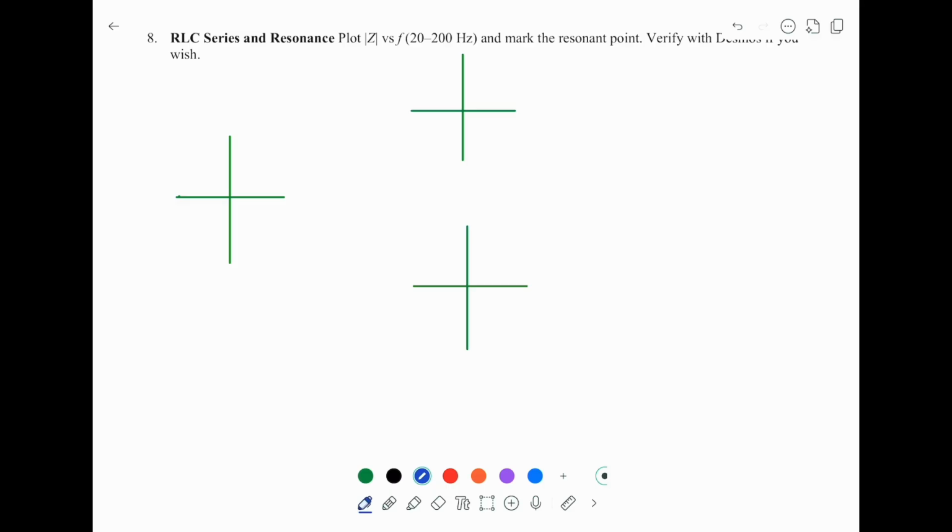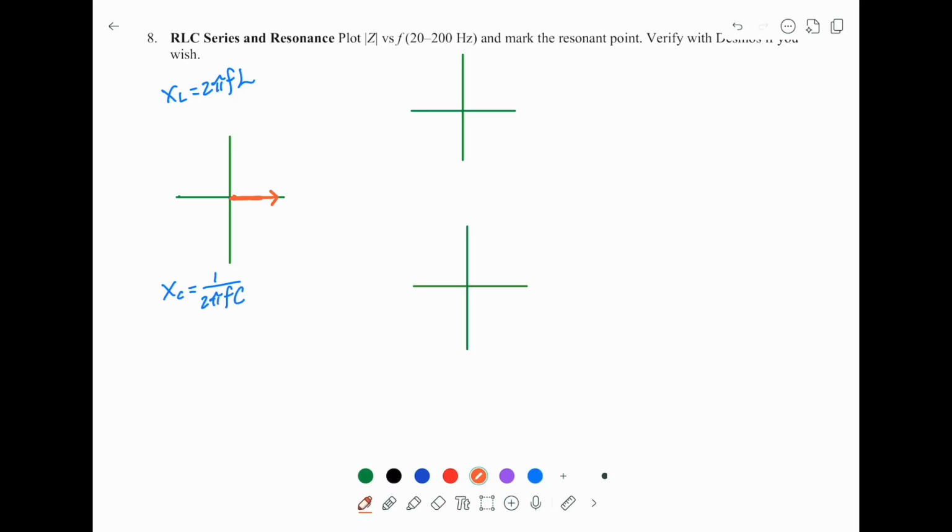Let's look at different cases here. This is the phasor, and let's draw R along the horizontal axis. Remember, XL, inductive reactance, equals 2 pi FL, and capacitive reactance, XC, equals 1 over 2 pi FC.